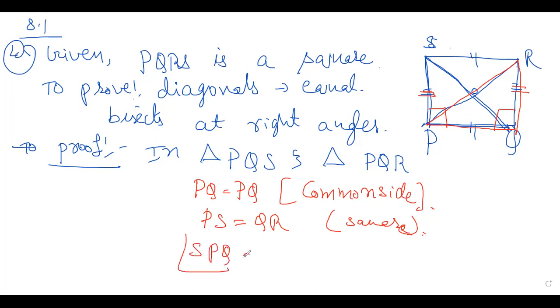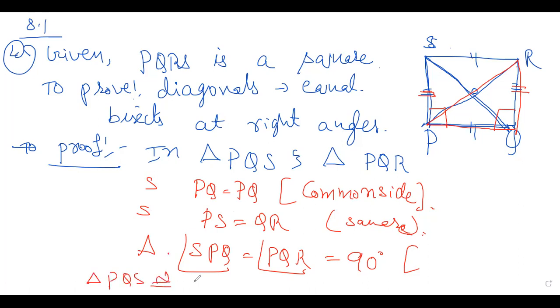That means angle P is equal to angle Q. So we know that each angle measures 90 degrees in a square. So we have proved side, angle, side. So according to SAS, we can say triangle PQS is congruent to triangle PQR.